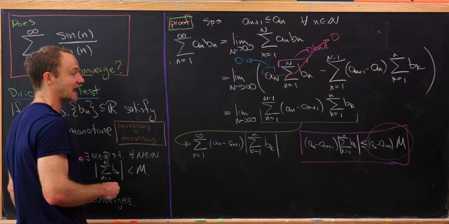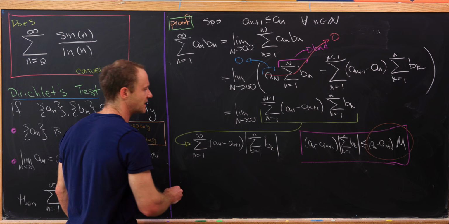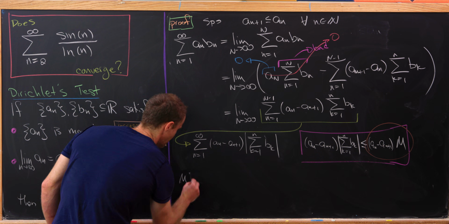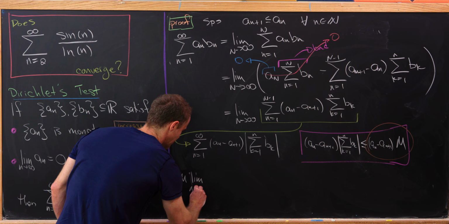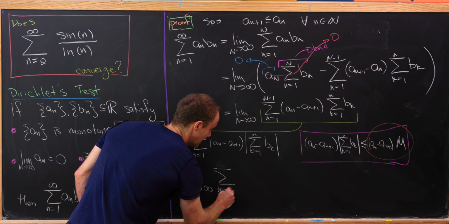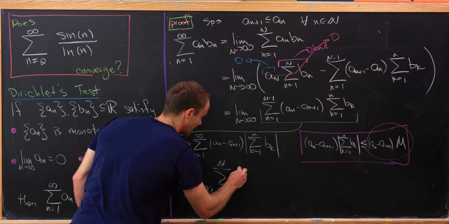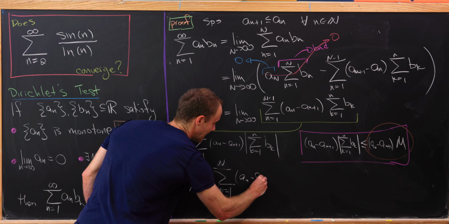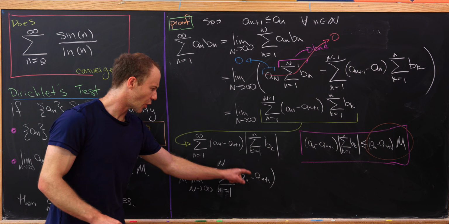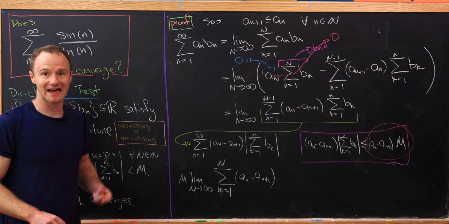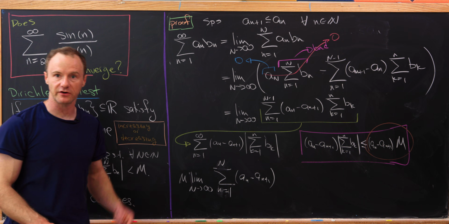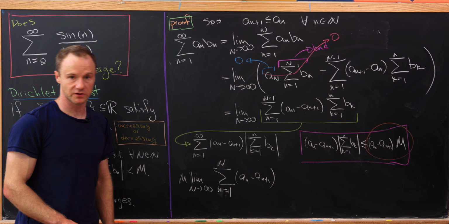Well, in fact, we can, and we can do it by looking at the limit of partial sums again. So let's look at M, and then the limit as capital N goes to infinity of the sum as n goes from 1 to capital N of a_n minus a_{n+1}. But now this is just totally built to have some sort of telescoping action. The only a_n term that won't be obliterated by an a_{n+1} term is the first.